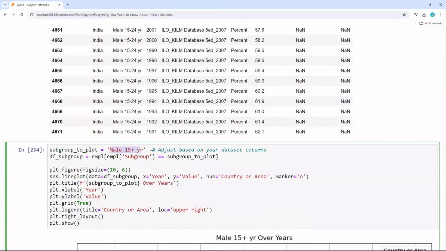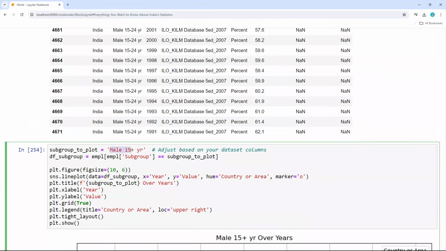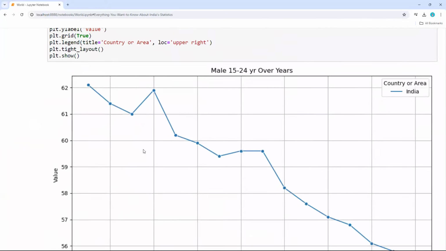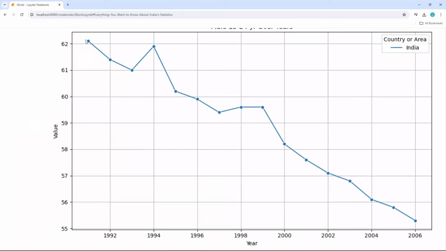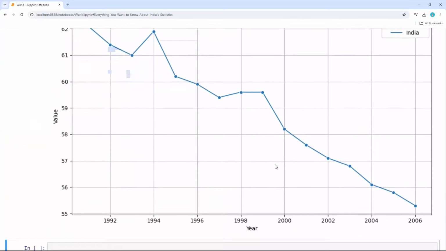Also, if I want to look at males 15 to 24 years, I need to change the subgroup name, then run this. So it was at 62% in 1990. Then it has been decreasing. A very good sign actually. The unemployment rate has to decrease year on year.